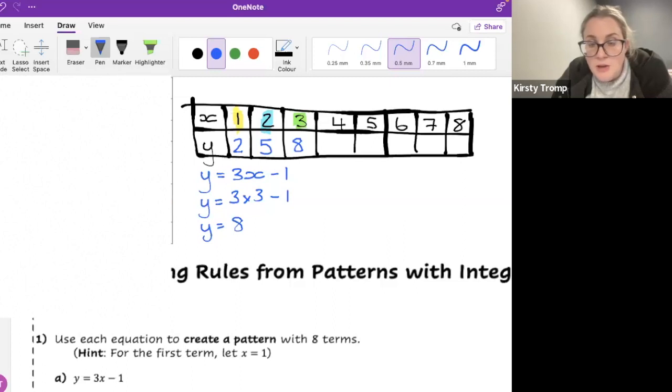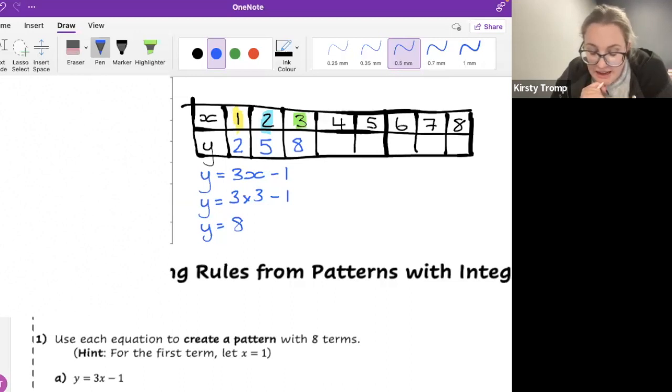Mose, you have a question for me. I'm going to unmute you. Mose, do you want to ask your question? Can you hear me, ma'am? Yes, I can hear you. Ma'am, when you specifically said y equals 3x minus 1, how did you get to the other answer, y equals 8?